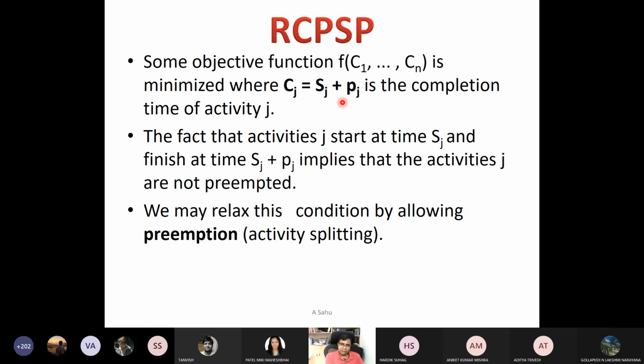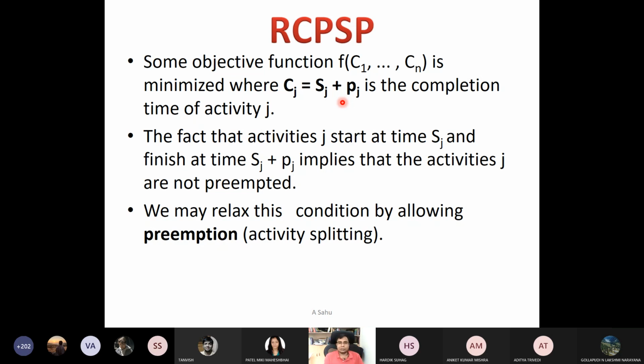A function of c1 to cn means a function of all completion times. Suppose you want to minimize the completion time of all the tasks, then you are minimizing the overall execution time.